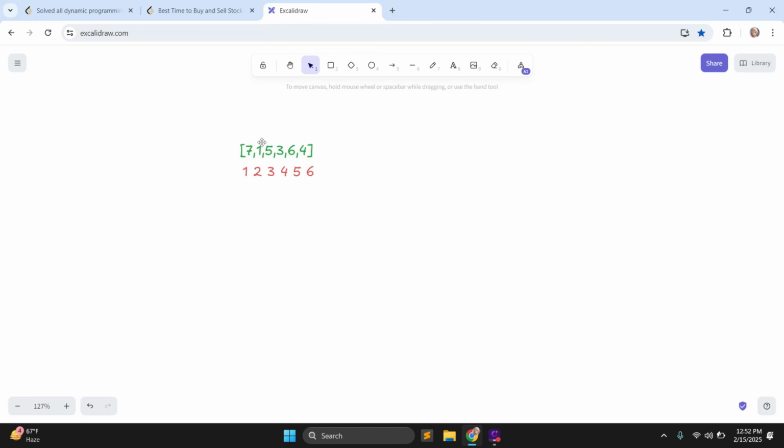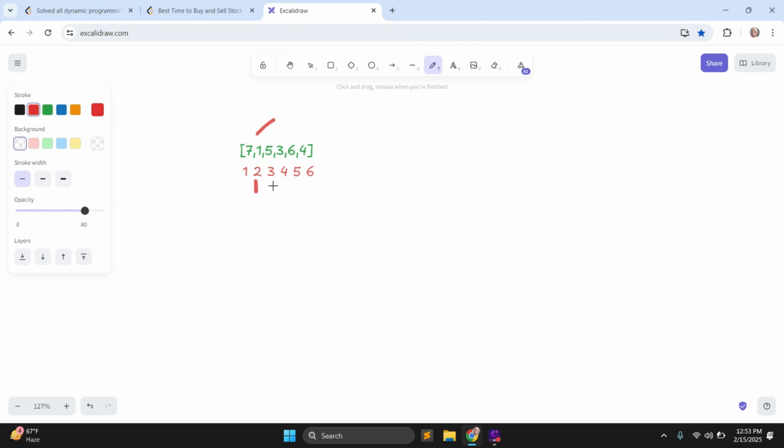Okay. So the problem states that if we buy a stock on the ith index, like I can buy the stock on the second day with the price of 1, and I can sell that stock on another day in the future, like on the third index, fourth, fifth and sixth, with the price from this array.